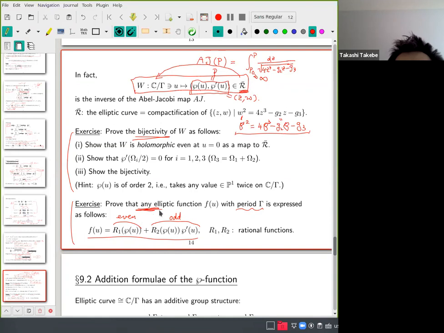First, we decompose an elliptic function into two parts, even part and odd part.